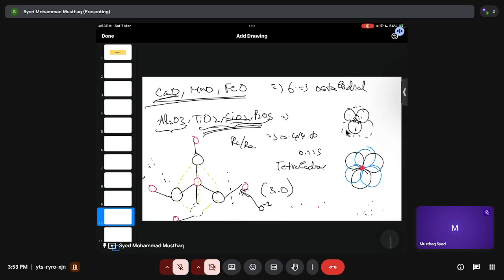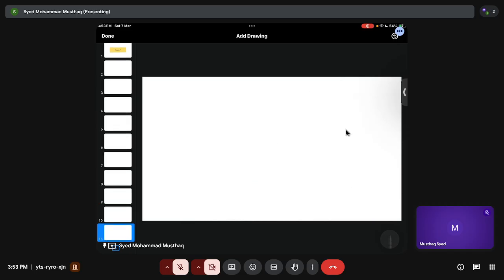So that's how you will have different silicate chains. You will have Si4O13 with charge minus 10, then you can have Si3O10 minus 8, and then you can have SiO4 minus 4.